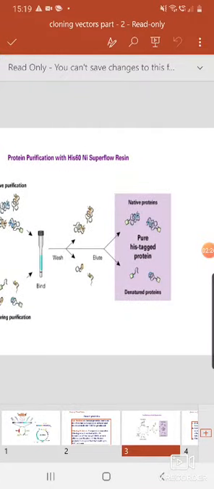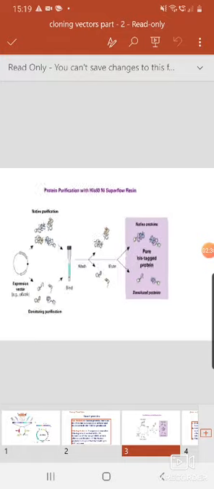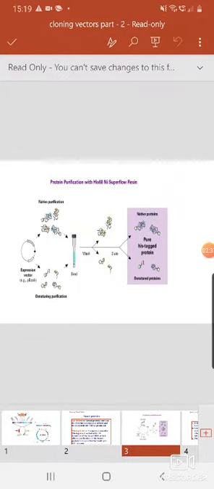Because the column has nickel, nickel and histidine will bind together, and we can elute based on our elution buffer. That is the elution or purification process. The whole purification process is comparatively easy if we express our gene of interest cDNA as a fusion protein.